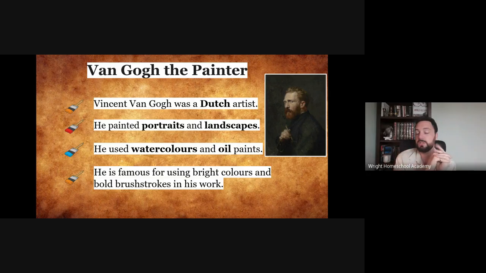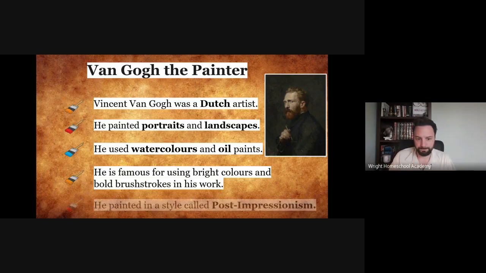Whereas Vincent van Gogh was less interested in that kind of thing, and he would just make bigger, bolder brushstrokes that might appear sloppy to people who are interested in recreating a photorealistic version of what you can see with your eyes. But for Van Gogh and the other post-impressionists, as we'll discuss in a moment, it was less about taking a photograph and more about making a point with the art.